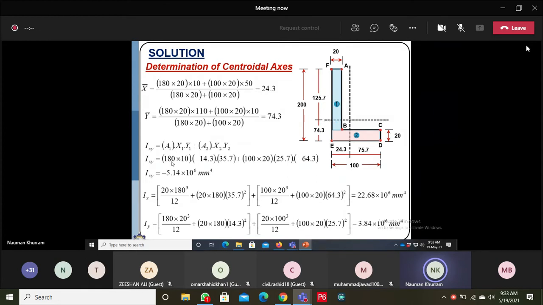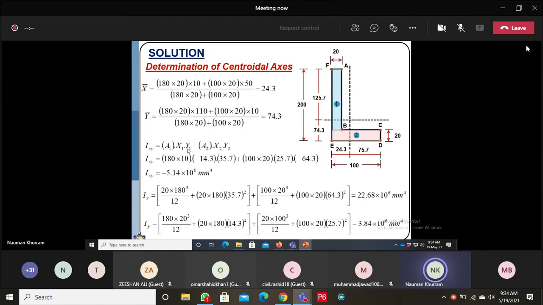A1 is equal to 180 into 10. We have already seen in our previous lecture that the total dimension is 200. If we subtract 20, the length of area 1 is 180 and the thickness is actually 20. So by mistake I have written 10 here. You are supposed to write 20 here. Anyhow, the answer is correct. I will correct it.